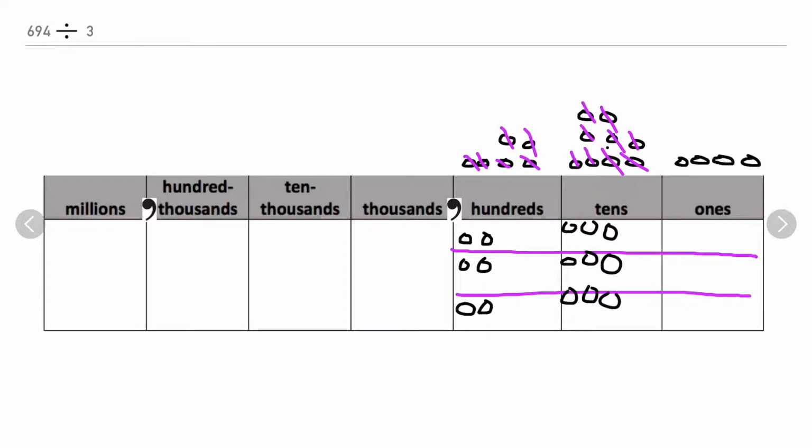I also ran out of tens, which means I can now move on to my ones. Doing the same thing as I did before, evenly distributing my ones disks to each group.